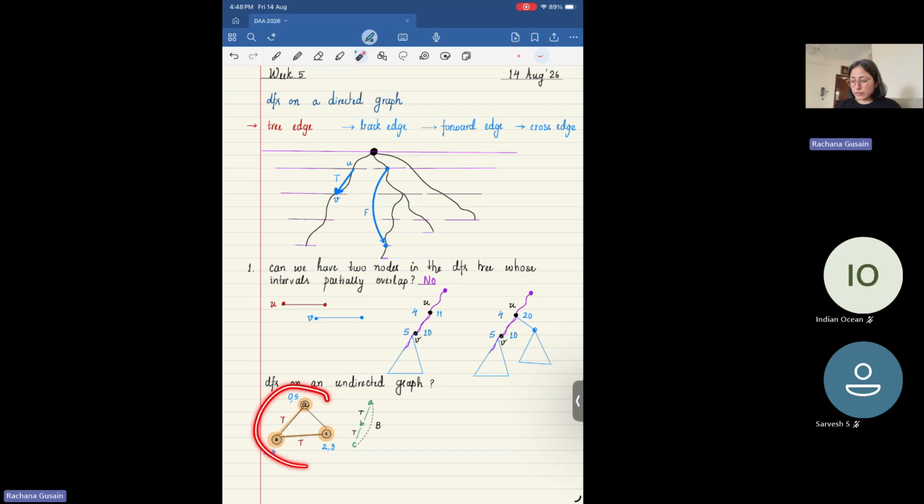When we do the DFS, can we get a cross edge as well?